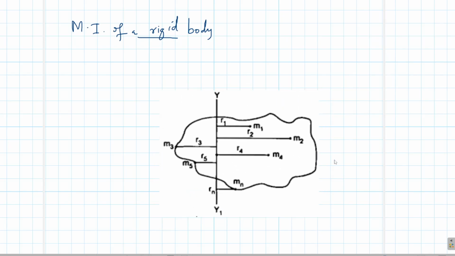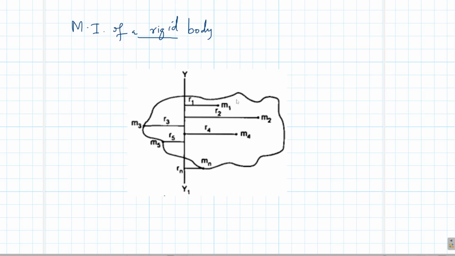So let us try to understand the moment of inertia of a rigid body. Suppose this is a rigid body with an arbitrary shape. It is three-dimensional, and we have to find the moment of inertia of this rigid body about this axis. This red colored axis is the axis of rotation. I am rotating it around this axis. To find the moment of inertia, we find all the mass points inside this rigid body.